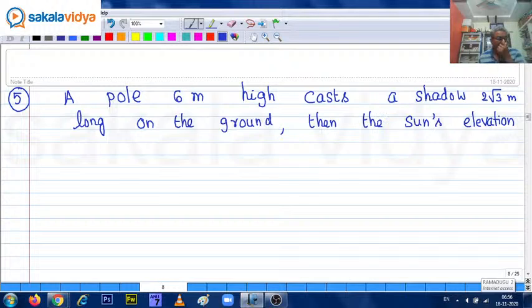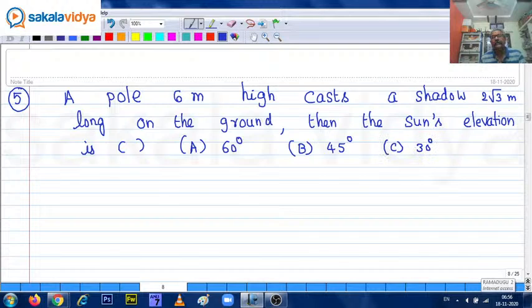Then the sun's elevation is: A, 60 degrees; B, 45 degrees; C, 30 degrees; D, 90 degrees. Okay, can you try this problem?